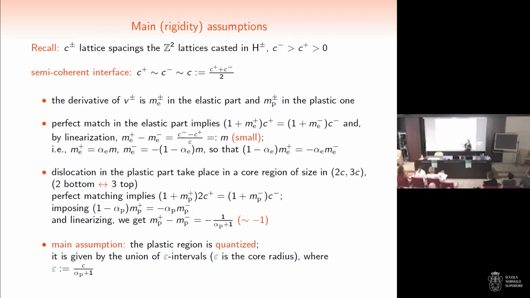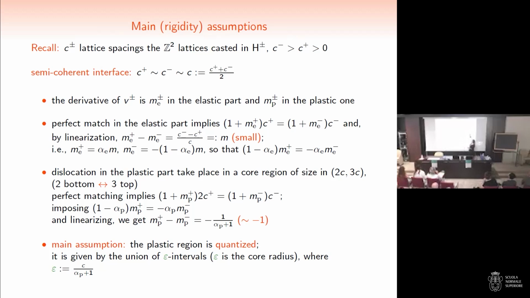So I have a perfect match in the elastic part. The same number of particles on the top connected to the same number of particles on the bottom. So this means that this equality holds true. If one writes it down, this is essentially the identity plus the displacement times C plus, the identity plus the displacement times C minus.